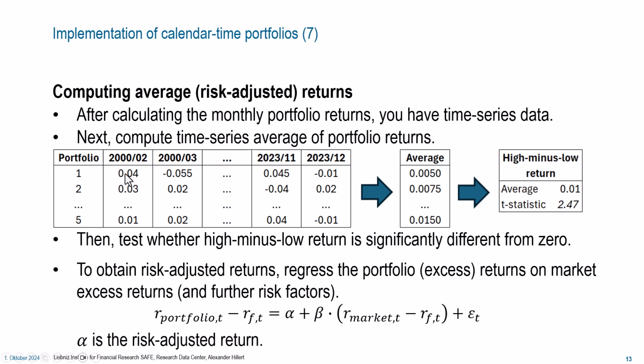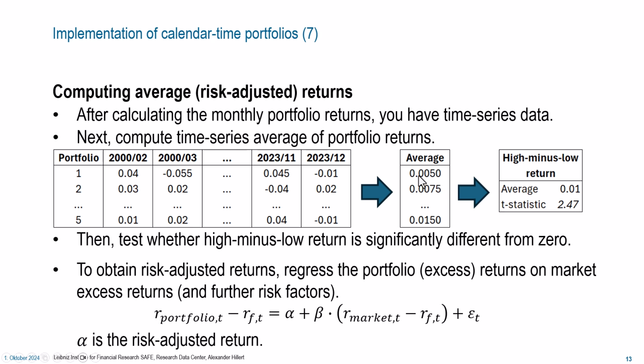And now we take a time series average to see how good or how bad these 5 portfolios performed during our sample period. In my example, the size quintile portfolio 1 earned 0.5% per month.